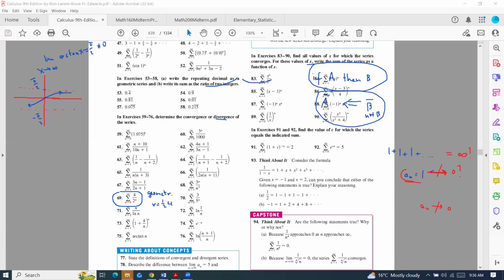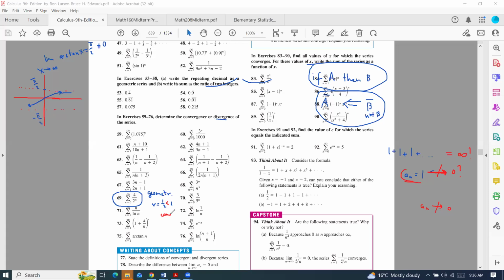Since the ratio is smaller than 1, it is convergent. In fact, you can find the sum of it. You remember the formula we used? The sum. So very good with that one.